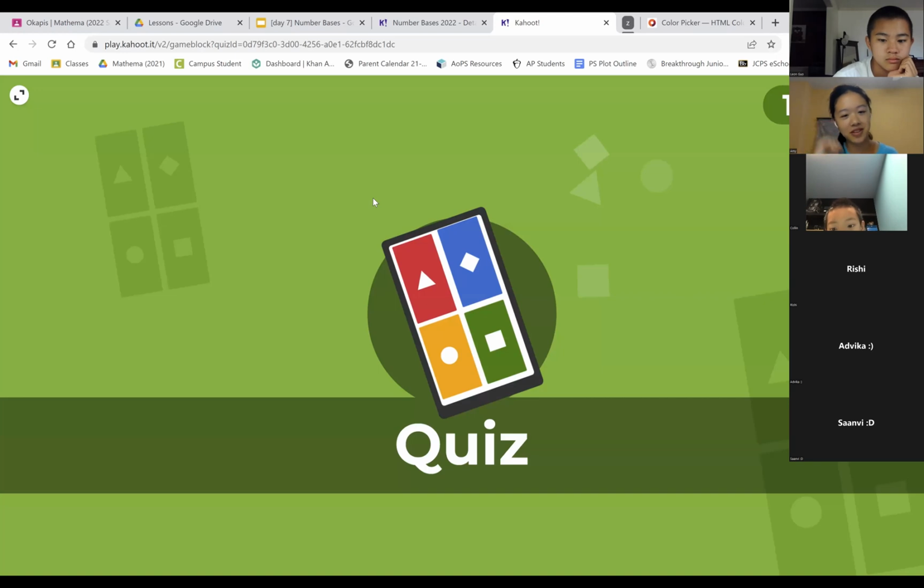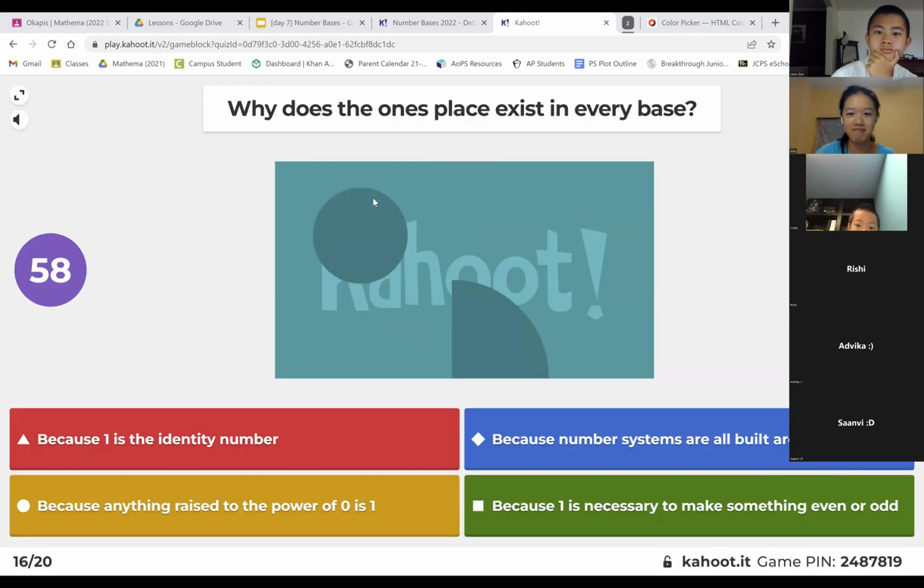Okay, why does the ones place exist in every base?